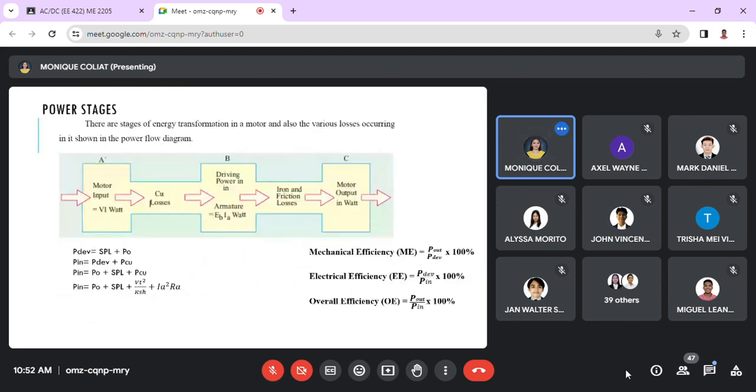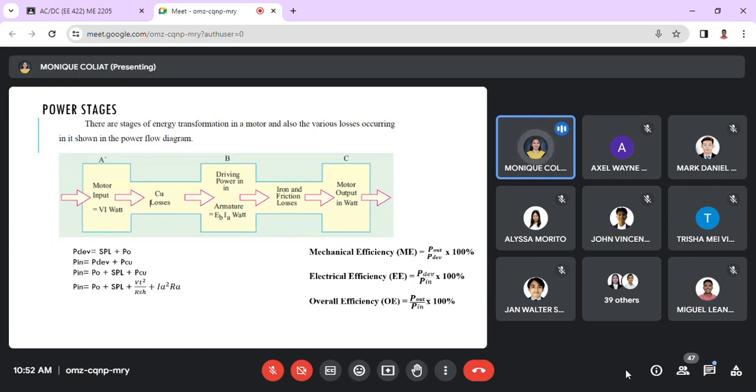Okay? So, dito muna tayo kay power stages. So there are stages of energy transformation in a motor and also the various losses occurring in it shown in the power flow diagram.